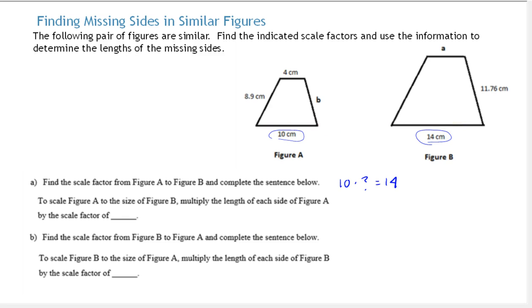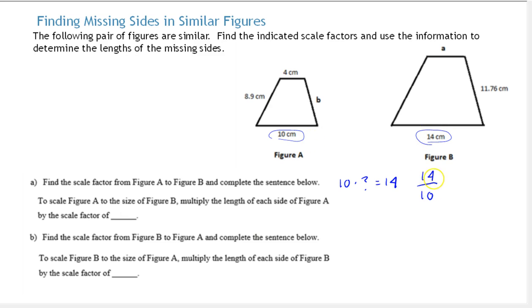Well, we could think of taking the 10 and then dividing by 10 to get 1, and multiplying that 1 by 14 to get 14. Okay. So this question mark, this scale factor, to get from figure A to figure B, it's not the ratio of side A to side B, it's actually the ratio of B to A.